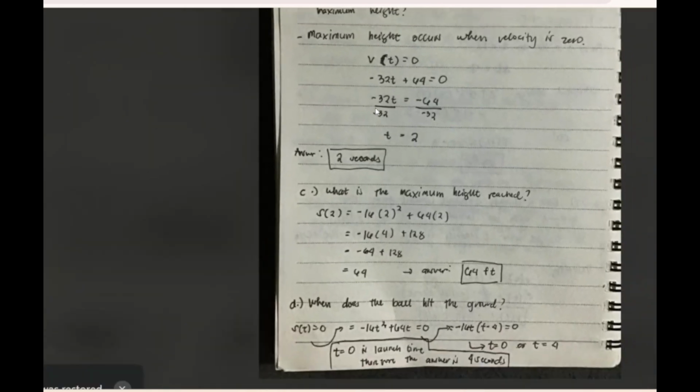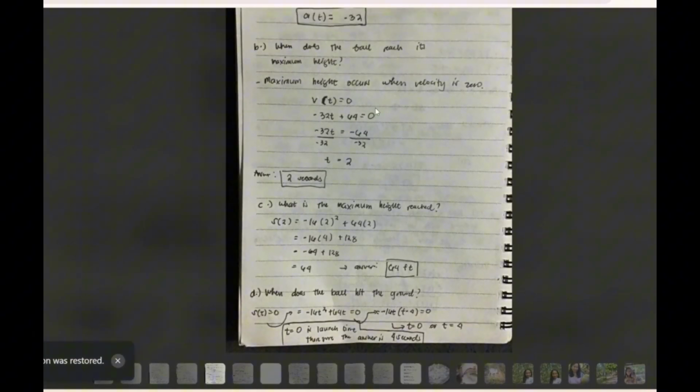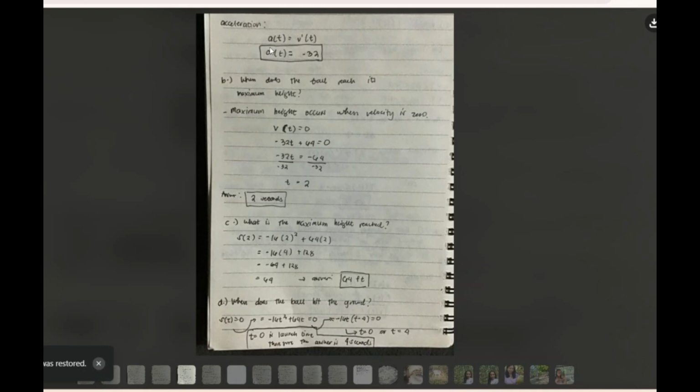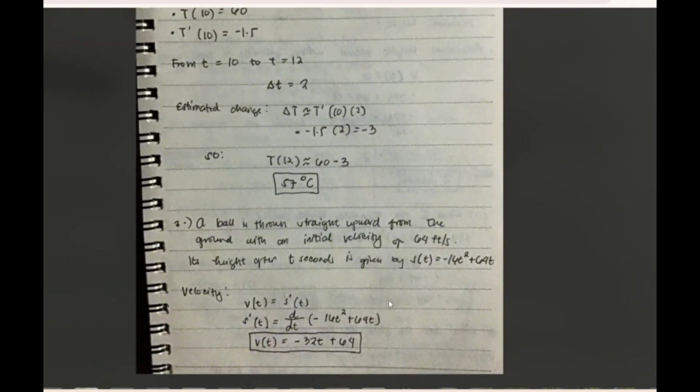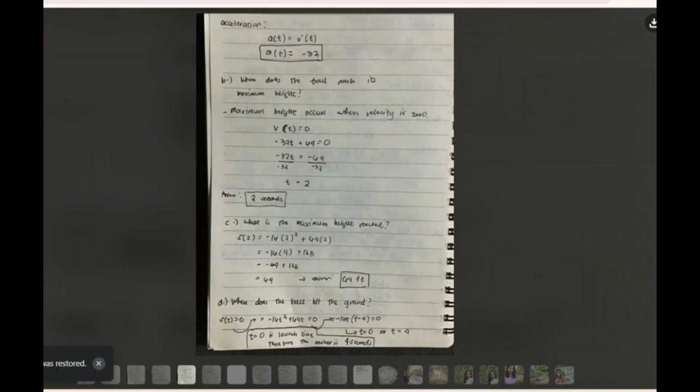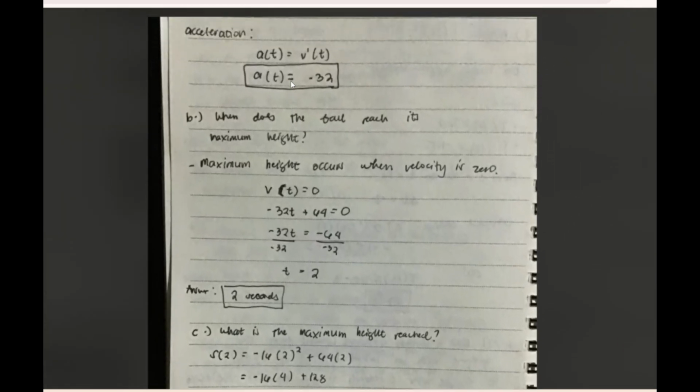Moving on to the acceleration. Since earlier the answer for the velocity is negative 32t plus 64, now we are going to find its derivative, which is the acceleration. So a of t, which represents acceleration, equals v prime of t, the derivative of the velocity.